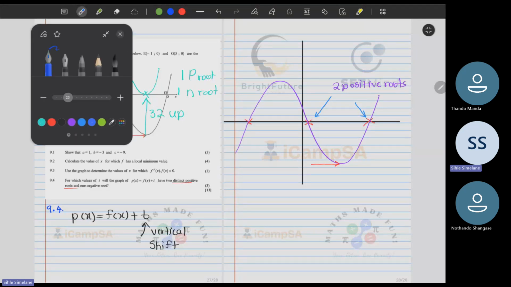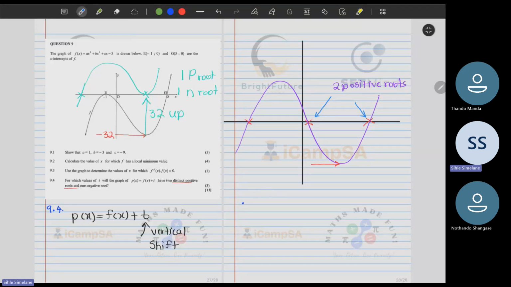Therefore, we already have a restriction. Our t value should be less than 32. But then we need another restriction. What do you guys think it's going to be?